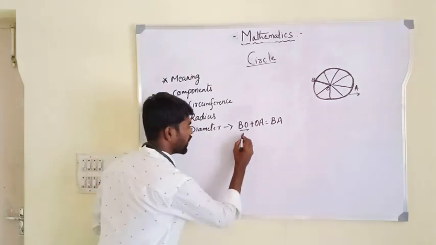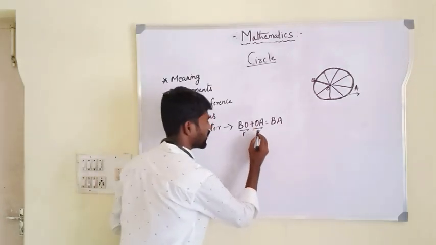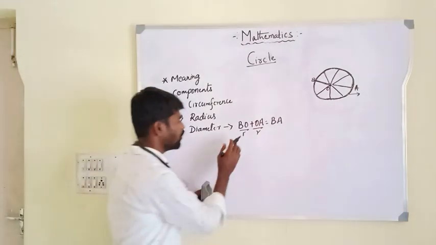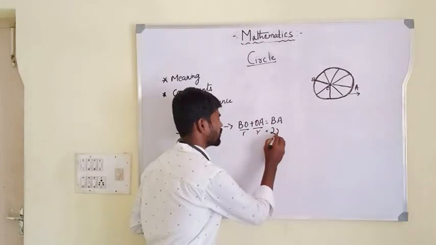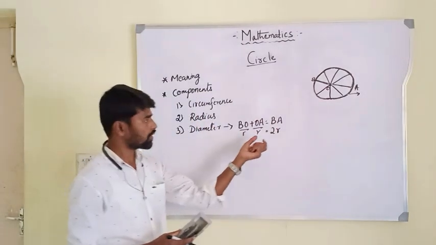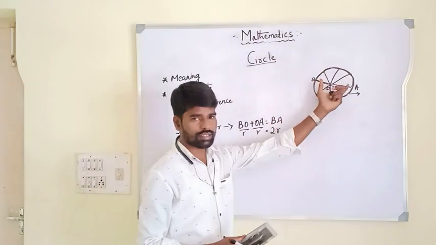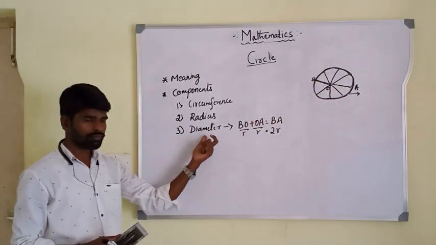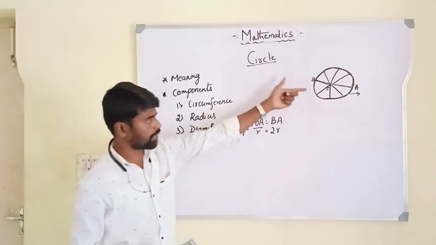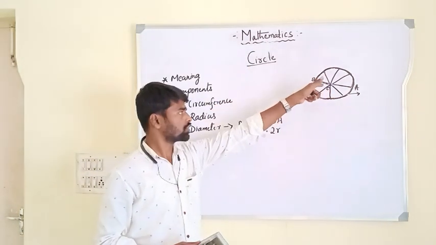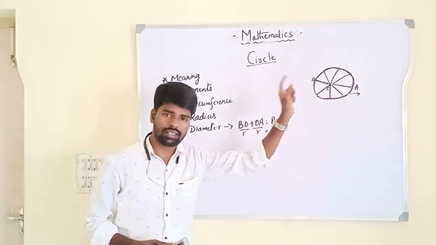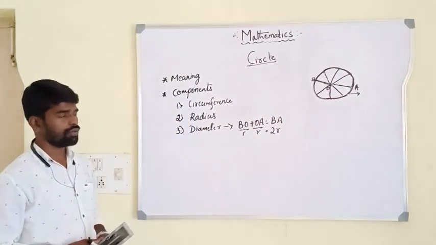So this is also radius, this is also radius, correct? So 2 times of radius is nothing but a diameter. So diameter is also a line segment which passes through the center of the circle. So that is all about diameter.